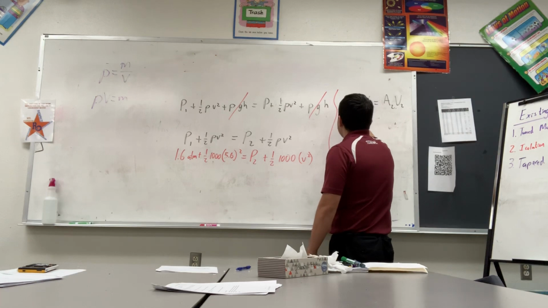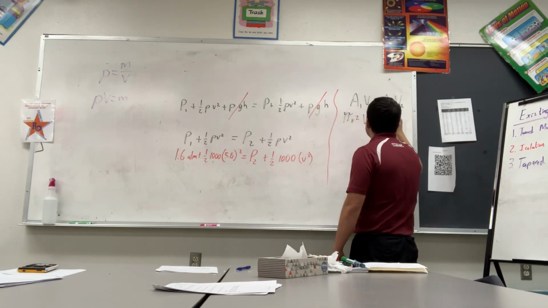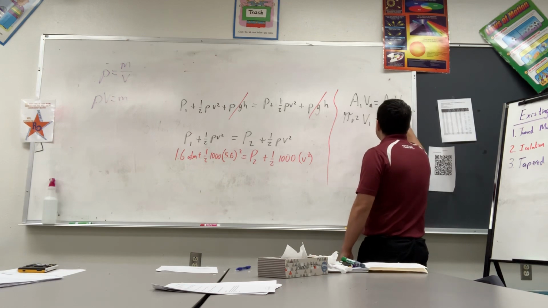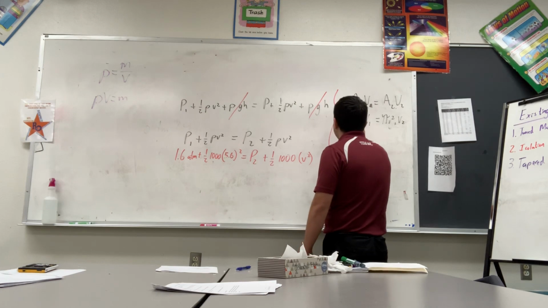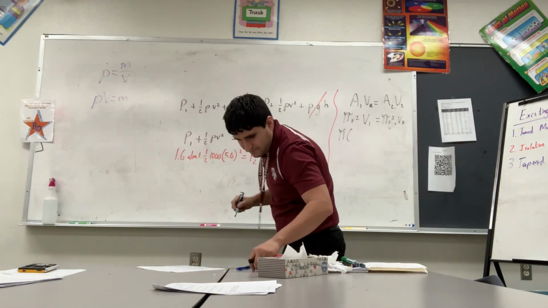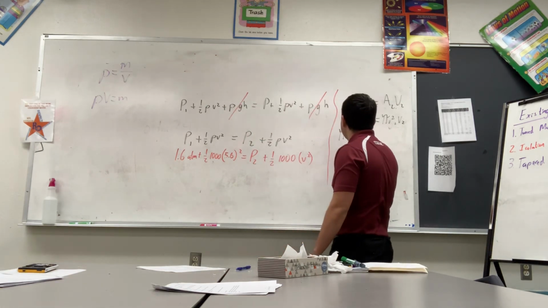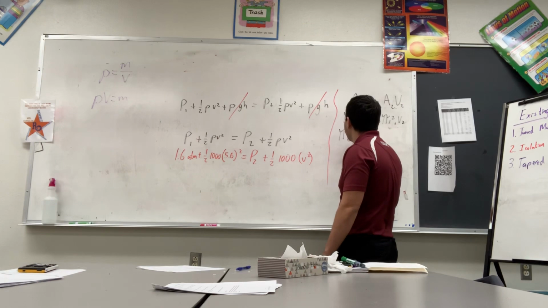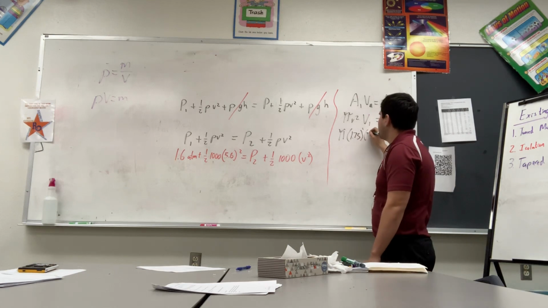So it's pi r squared, velocity 1, equals pi r squared, velocity 2. So it's the pi, half of the radius, what did you guys tell me it was? 1.75. Yeah, that's right. And then that velocity, you guys told me it was 5.6.